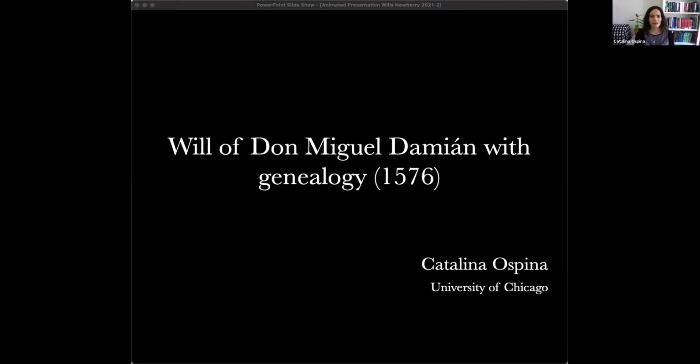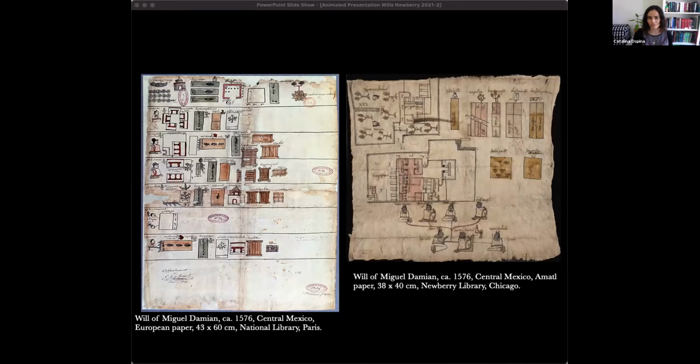Okay, so I will be talking to you today about two related manuscripts from central Mexico, produced in the late 16th century. One is in the National Library of France in Paris, and the other one is at the Newberry in the Ayer collection. They appear to be complementary versions of the testament of an individual named Miguel Damián.